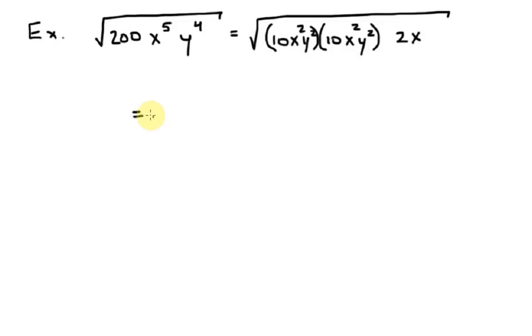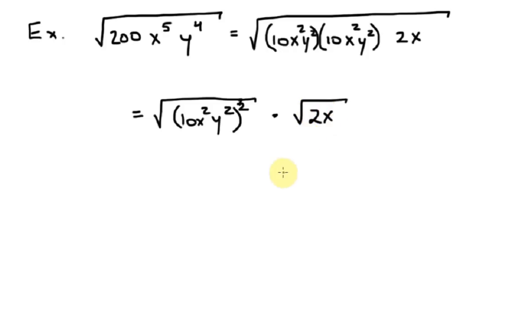So now I'm ready to look at it this way. On the one hand, I've got 10x squared and y squared all being squared. So fit that in. And then multiplying that by the square root of the leftovers, 2x.